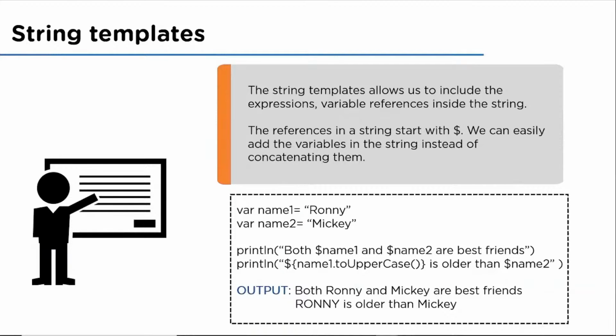We can also print an expression like we did while printing the second sentence, dot toUpperCase. toUpperCase is an expression, and in Kotlin expressions start with a $ sign and are enclosed in curly brackets, as we can see. So as we have understood about string templates, let's move on to if, else and when statements.